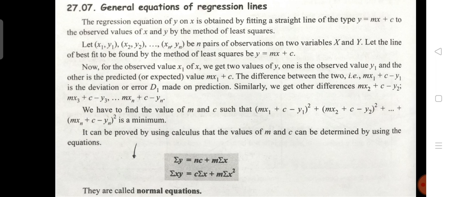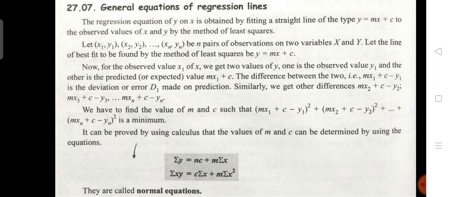Similarly d2 up to dn, and we take their squares, that is the least square method. So (mx1 plus c minus y1) the whole square plus and so on, plus (mxn plus c minus yn) the whole square, which is to be minimum. And that is the sum which is given here.